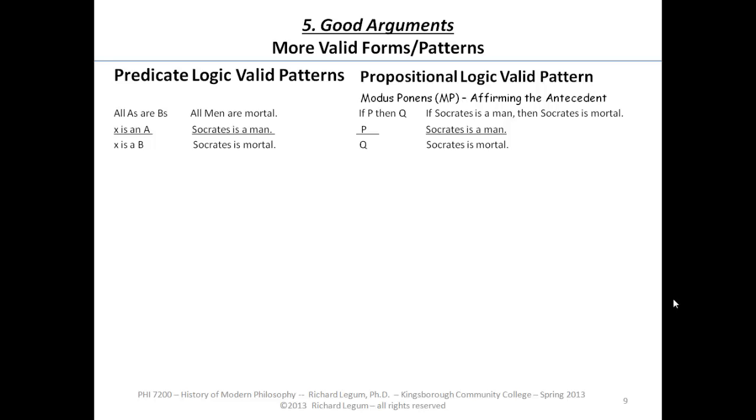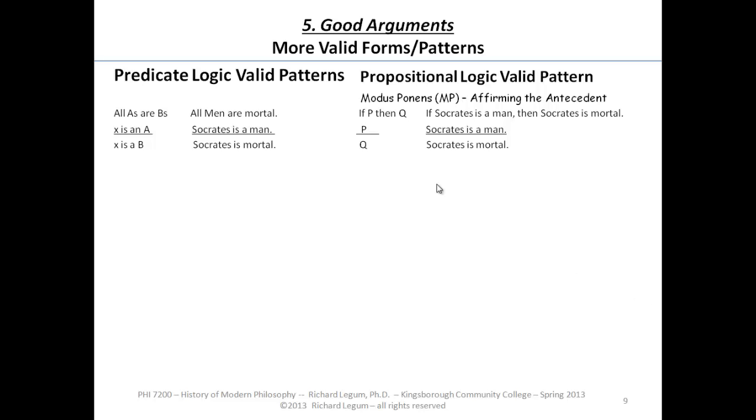If we look at the two arguments in English, we see they are really very similar arguments, both of which are valid. That is, there's a good connection between the premises and the conclusion. On the one on the right, it's the if-then, connecting the different propositions or sentences that make the inference work. The one on the left, it's all is. And notice, the way modus ponens works is we're going from left to right.